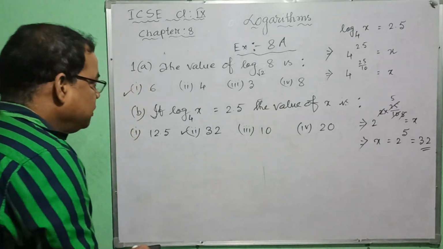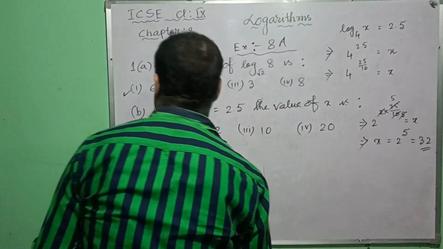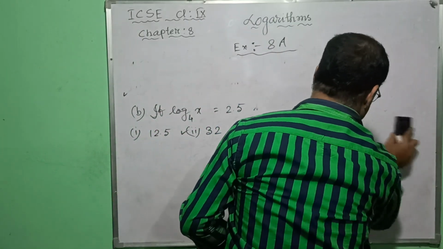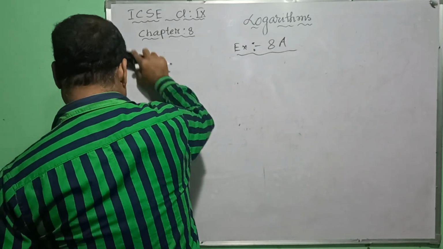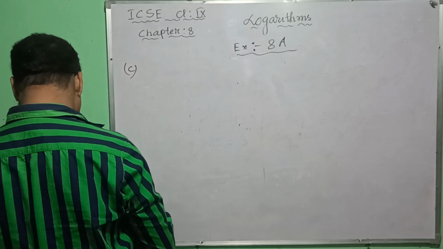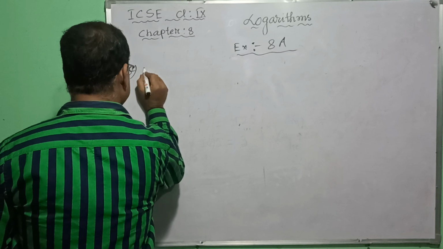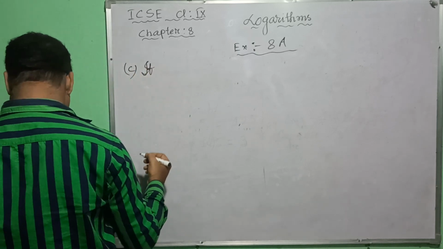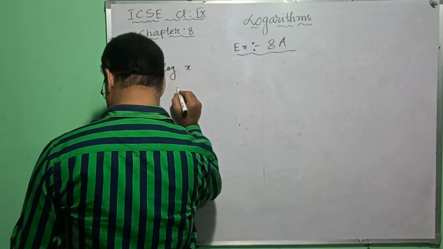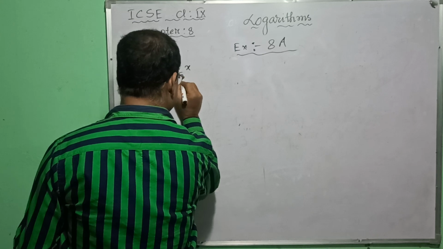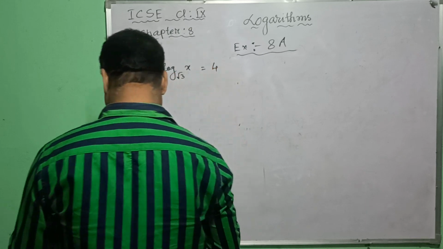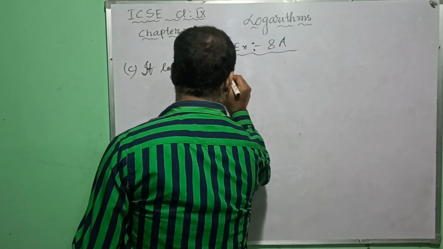Now we'll do C. In C it is given if log x base root 3 equal 4, the value of x is.